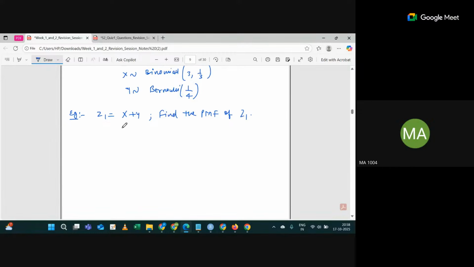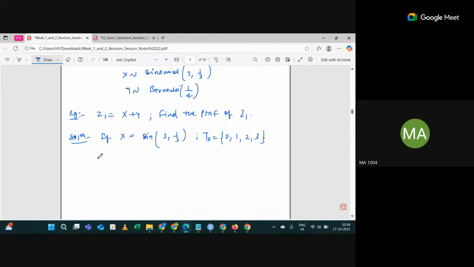So I will give you the idea here. If x is binomial 3 comma 1 by 3, tell me what the possible values x can take. 0, 1, 2, 3, right?